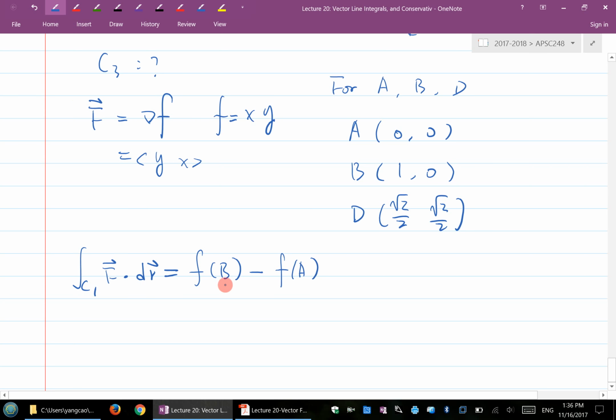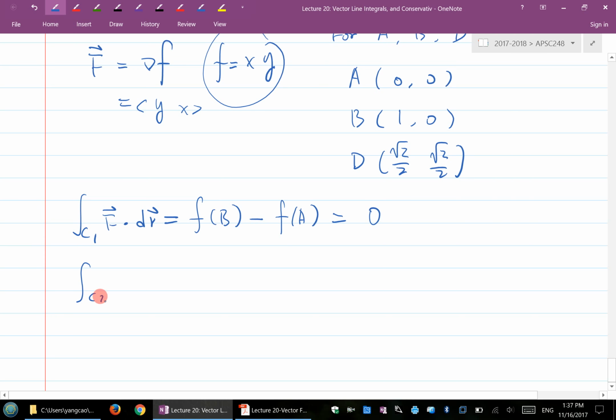So for C1, it starts at A, ends at B, and here is my potential function xy. B is x is 1, y is 0, 1 times 0 is 0. And f of A is 0 times 0 is 0. So the first segment of line integral is 0.